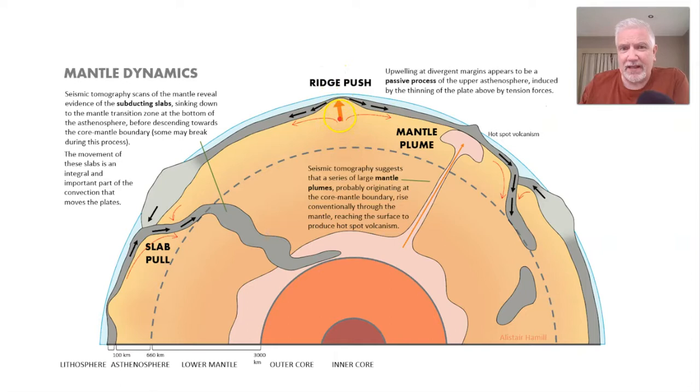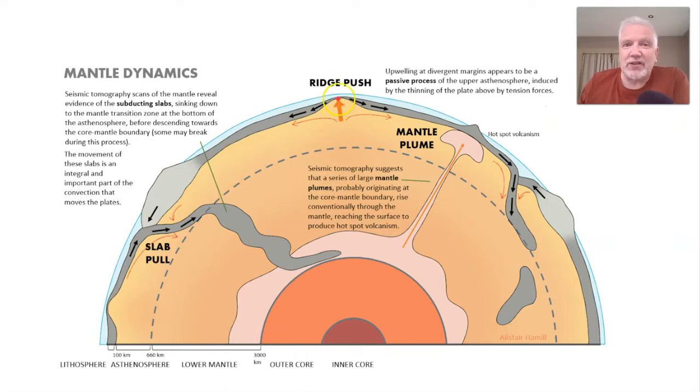allowing some of the mantle material, which is solid but will flow, to rise up passively in response to what's happening at the plate margin. Because it brings the hotter material closer to the surface, that brings the heat up and gives it a positive buoyancy.